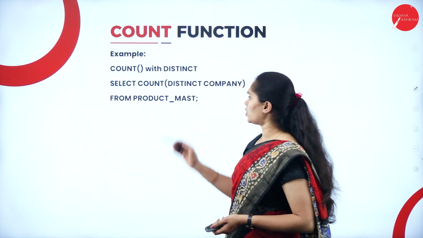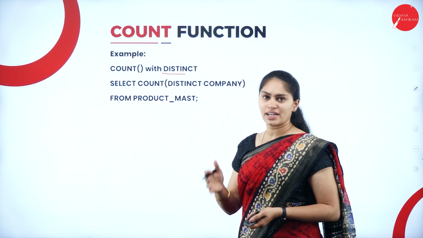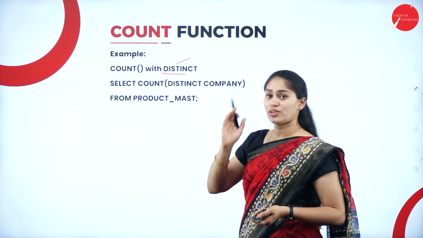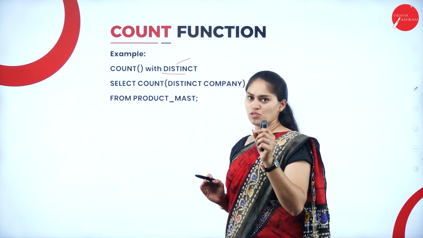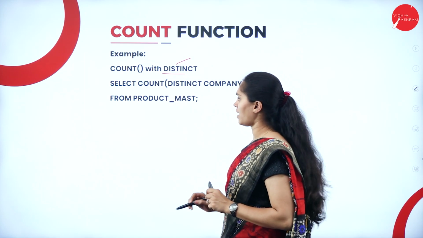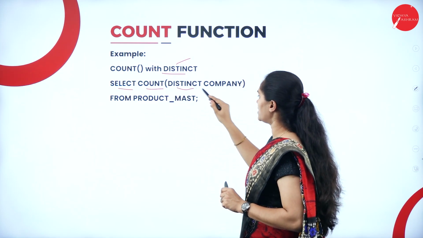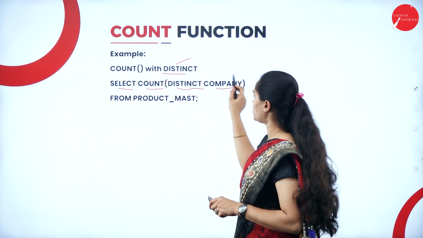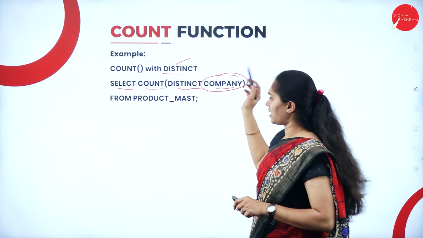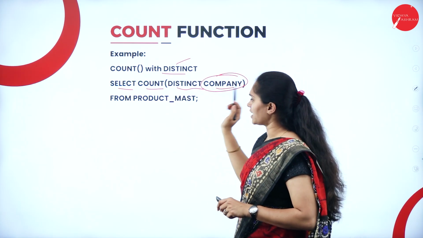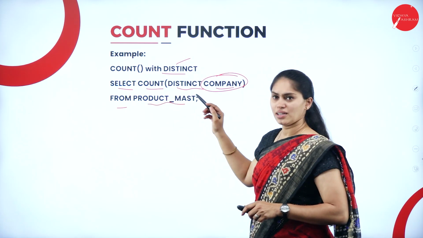Also we can use this count with a distinct. Distinct, we already know about it. It will just return only unique values. It will not have duplicate values. So select count of distinct company. Now I need to count the company, and we have 3 companies already, I told you regarding that. From which table? Product master.